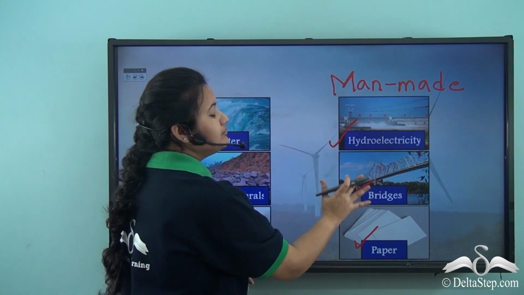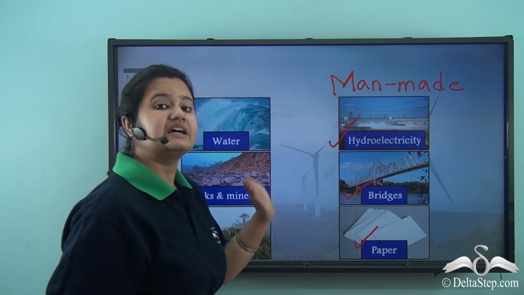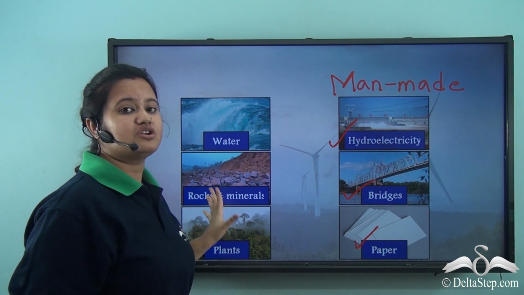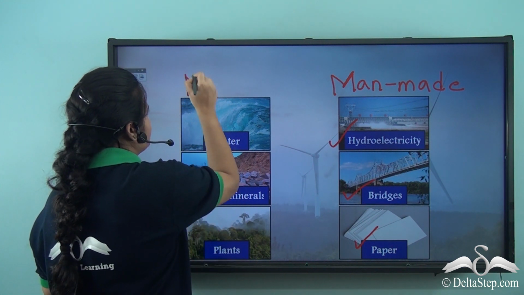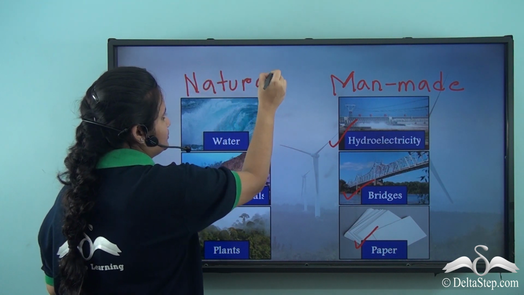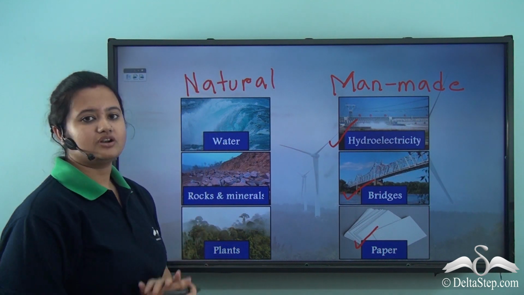All these man-made resources have been created from already existing natural resources. So, all the man-made resources that we use are created from natural resources.